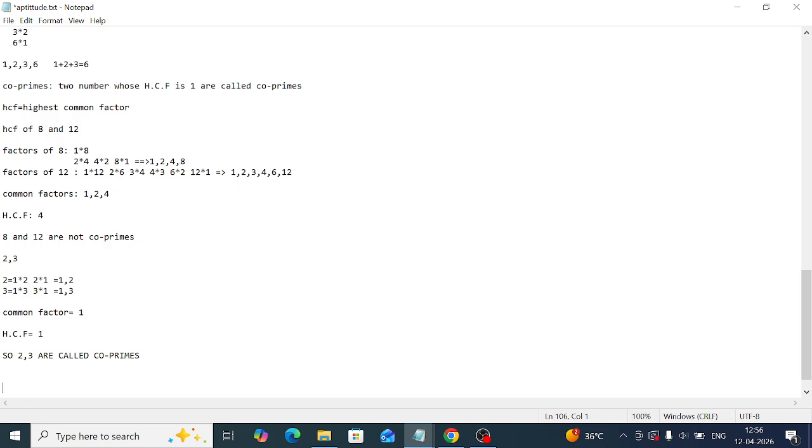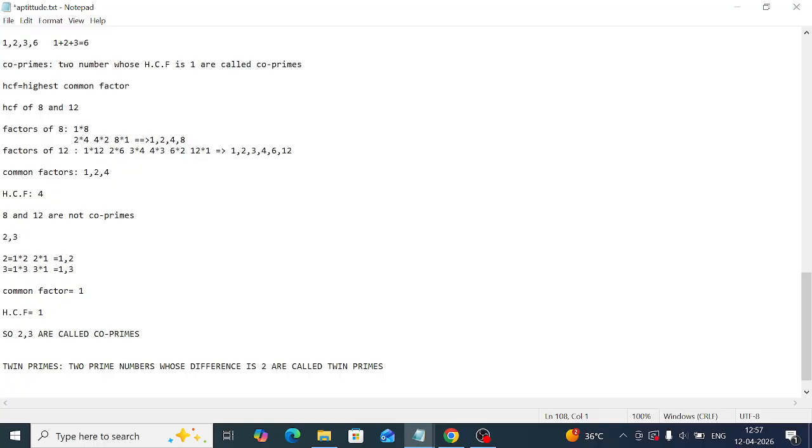Next, the next one is twin primes. Twin primes means what? Two prime numbers whose difference is two are called twin primes.